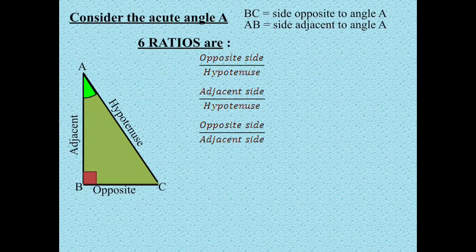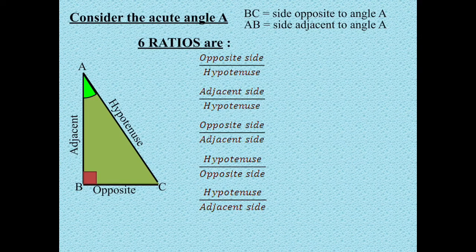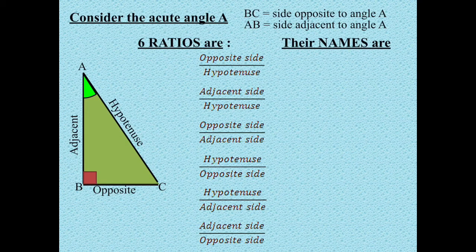Then we can also write hypotenuse upon opposite side as a different ratio. Similarly, hypotenuse upon adjacent side and adjacent side upon opposite side. Now, each of these ratios are given a particular name, and these names are called trigonometric ratios.